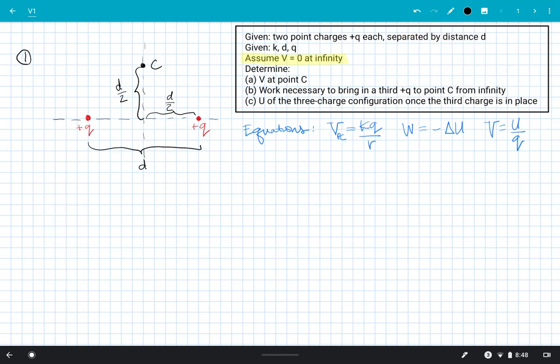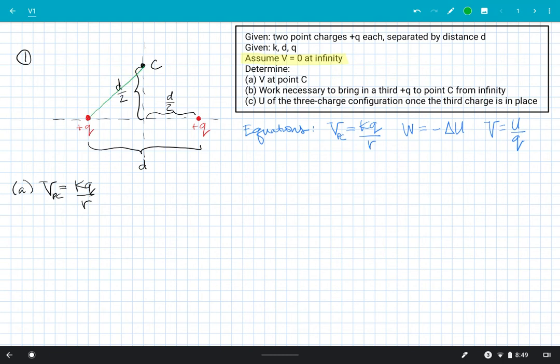Okay, so let's go ahead and start this problem. The first thing they're asking for in part A is to find the potential at point C. So we just use the point charge equation for potential, kq over r. We're interested in the potential at point C, so we need the r values, the distances.